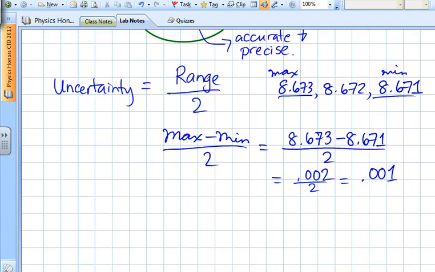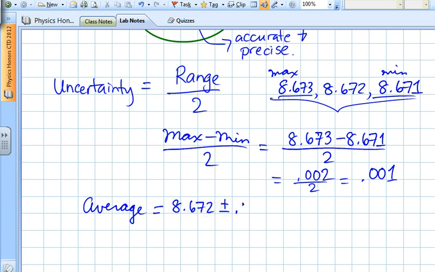Obviously if I take the average of these 3, the average value is right in the middle, 8.672. But then the uncertainty, 0.001, gets added on at the end. So this is how you do it if you measure something multiple times. If you only have one measurement, it's a little bit different, and we'll talk about that in a later video.